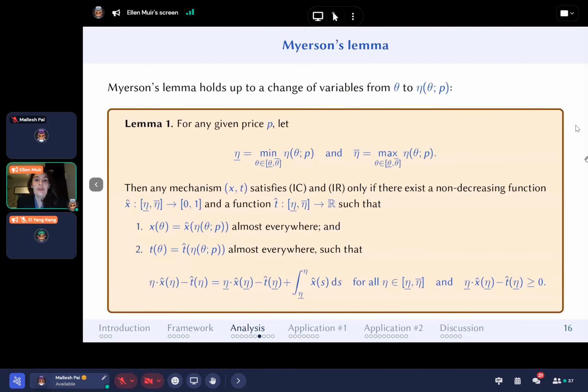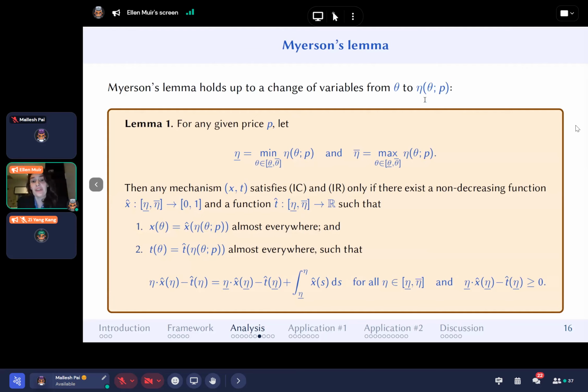Okay, so then we can go through a series of standard mechanism design arguments to show that Myerson's lemma still applies if we make this change of variables from the actual types of the agents to these effective types, the effective types being the types that the designer has the ability to screen over.